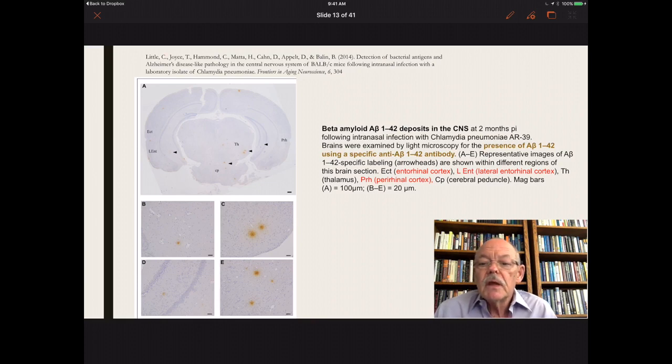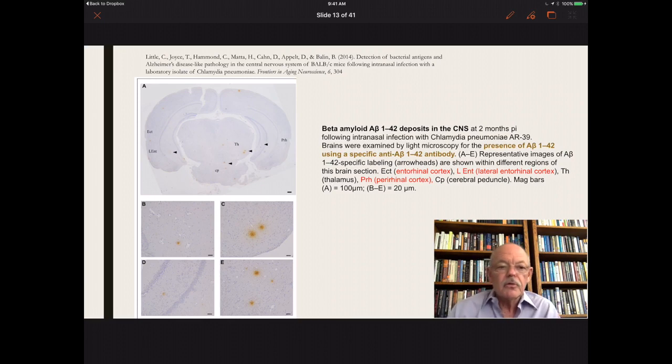You can see here that the infection, through the intranasal approach, which is a way through the blood-brain barrier, results in a deposition of anti-amyloid beta peptide 1 to 42 staining in these animals that are transgenic for this protein.